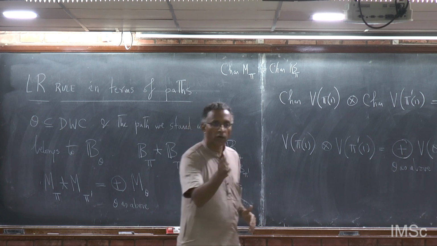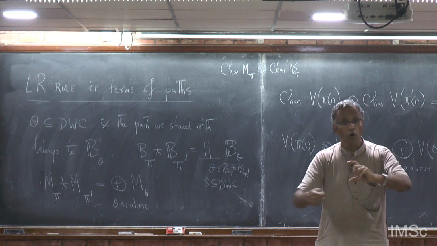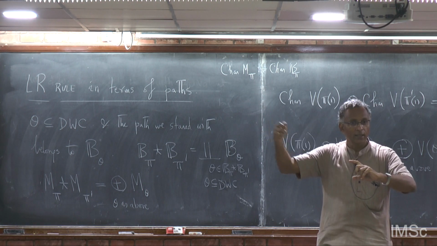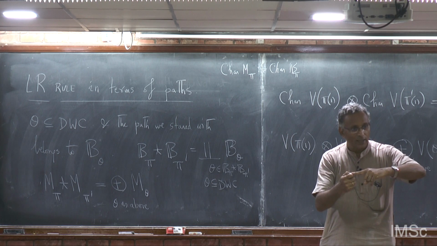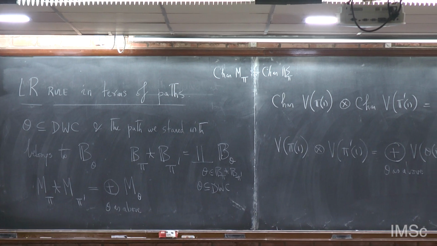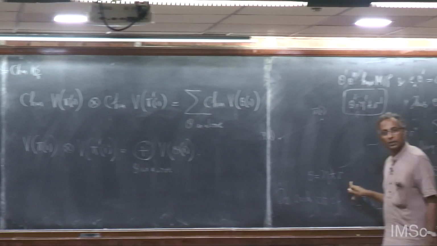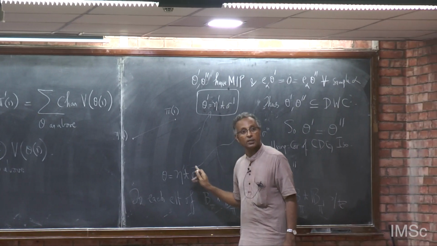Of course, it has to have the minimal integrality property, which in this case it does. So no matter what the concatenation is, I take my theta to be of the form eta concatenate sigma, where eta is in B pi, sigma is in B pi prime.